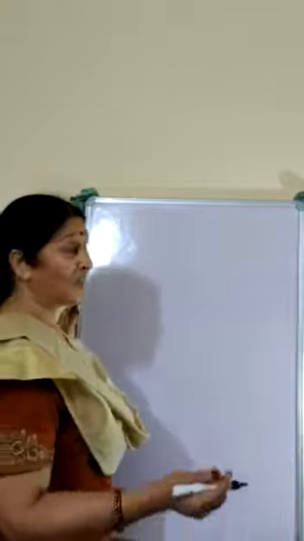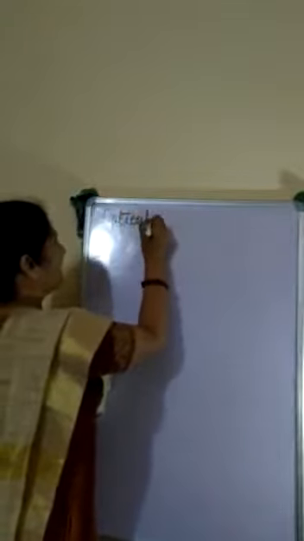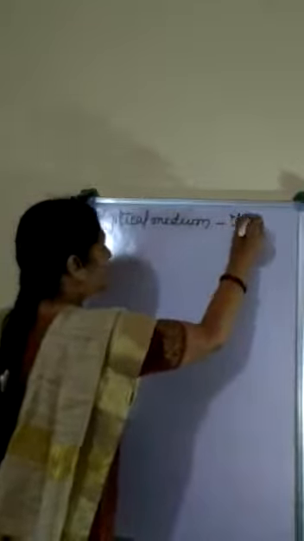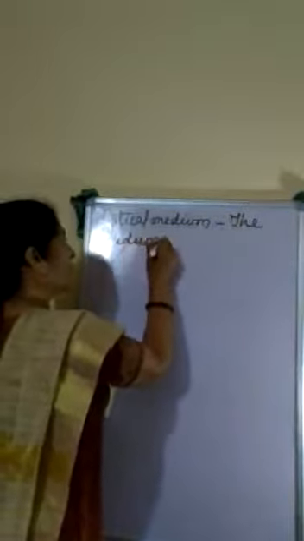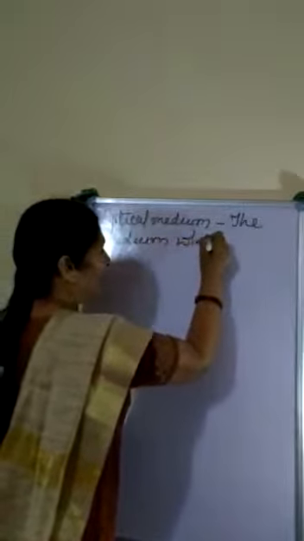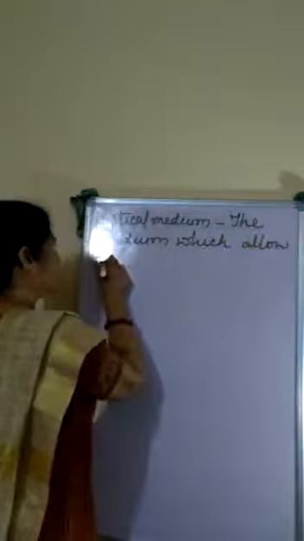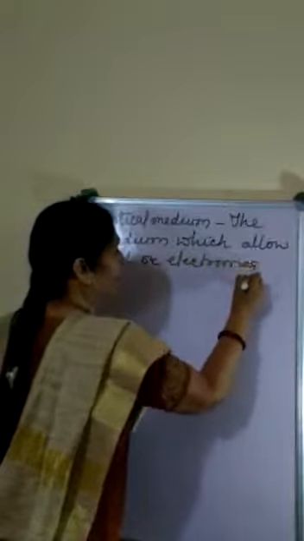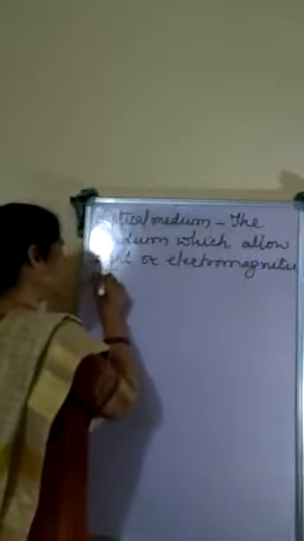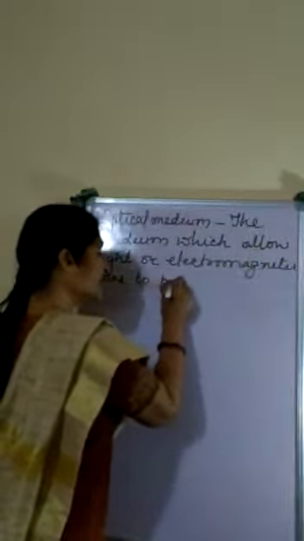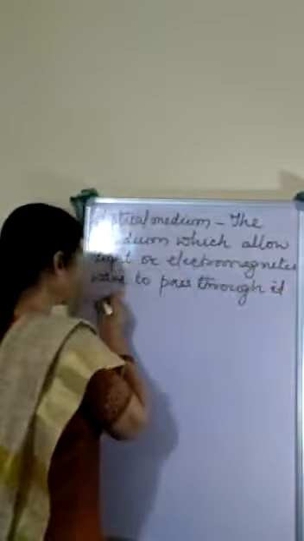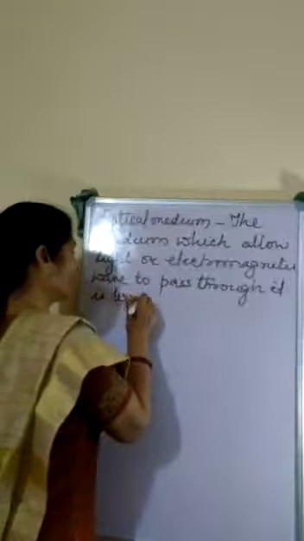Let us know what is an optical medium. We can write it. Optical medium: the medium which allows light or electromagnetic wave to pass through it is termed as optical medium.